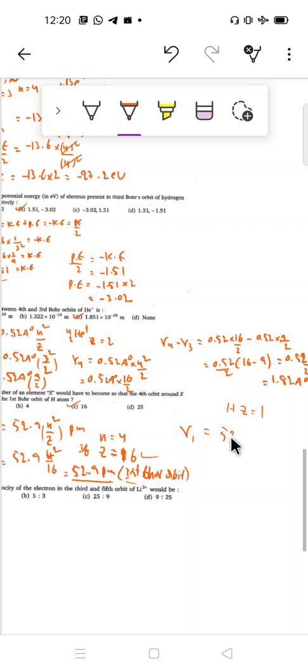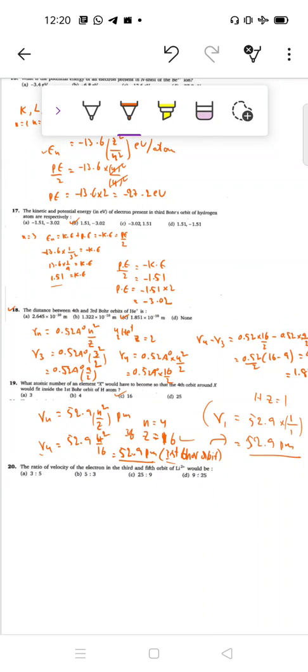Then 52.9 by Z is equal to 1, so you can get 52.9 picometers. That is the reason why this is known as the first Bohr orbit radius. So when will this first Bohr orbit be equal to that fourth level element? Then Z is equal to 16. Then both of them are equal.